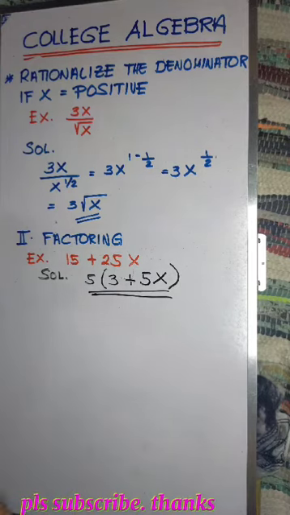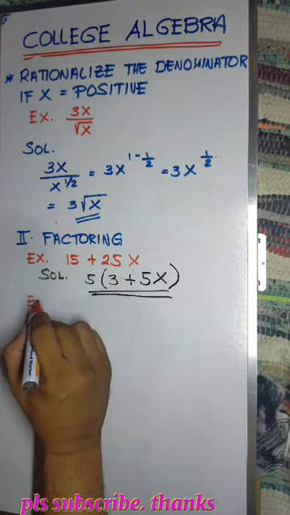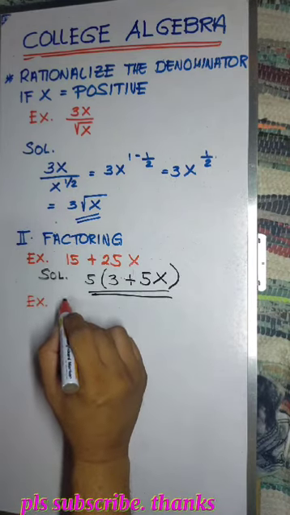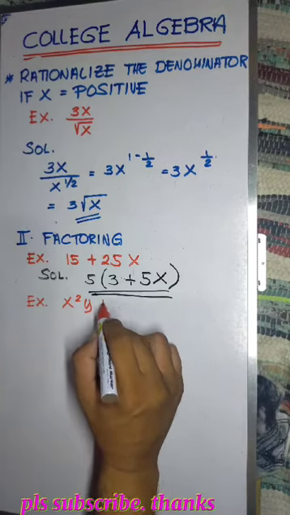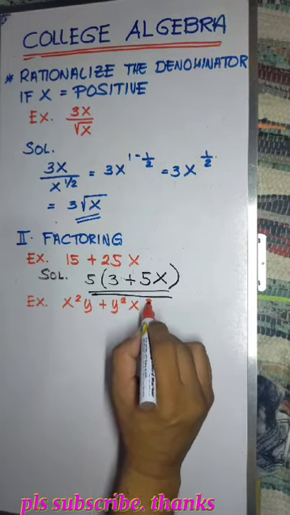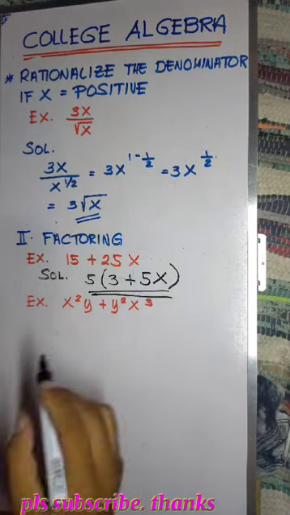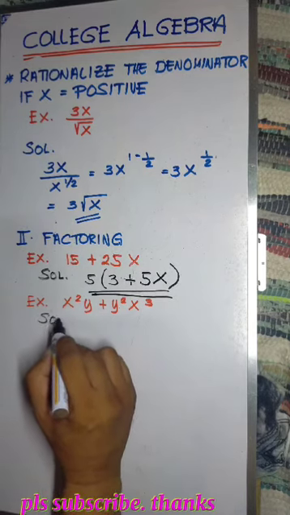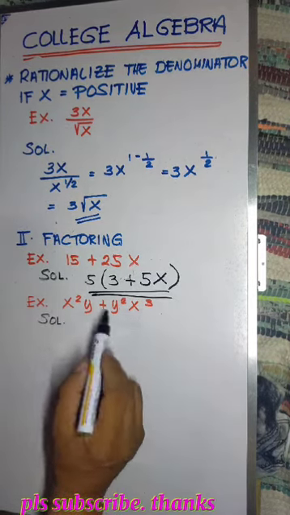So next, x squared y plus y squared x cubed. Okay. So the solution will be, you get the common factor here.